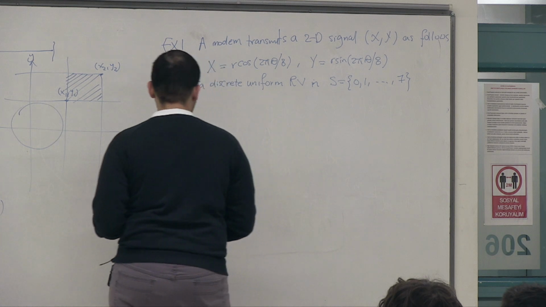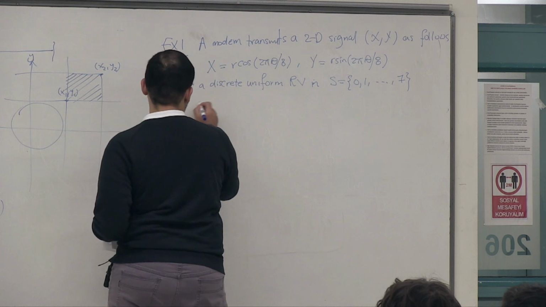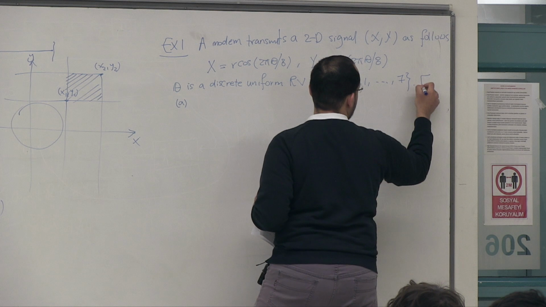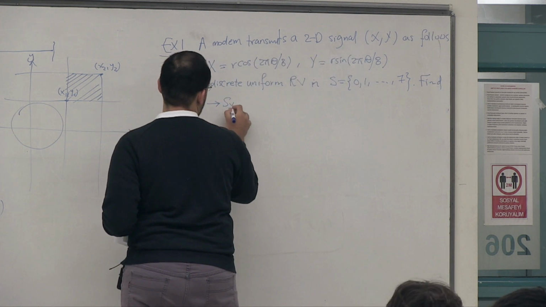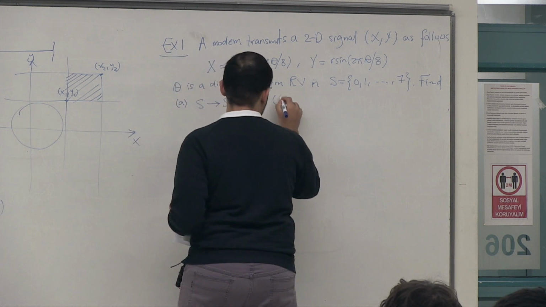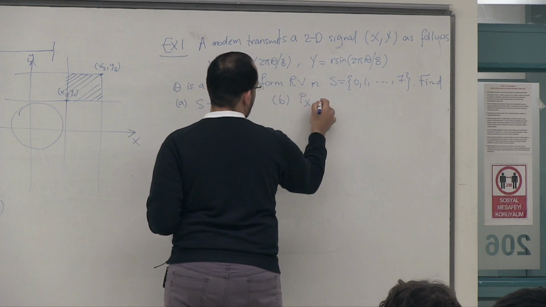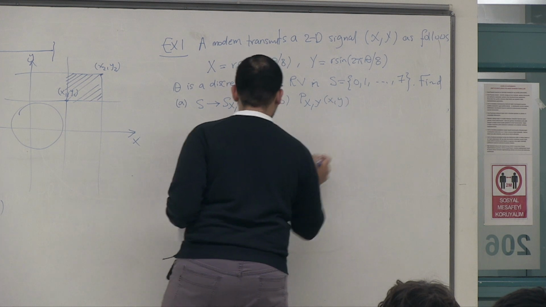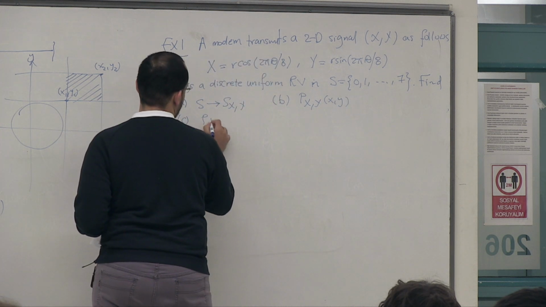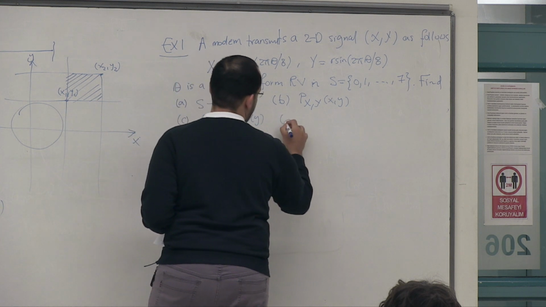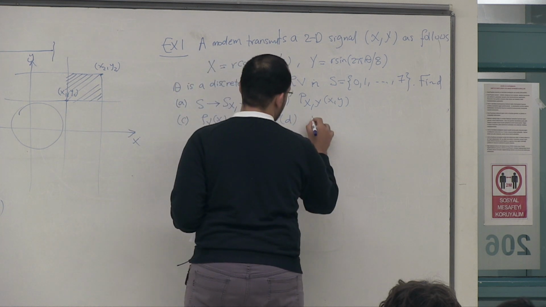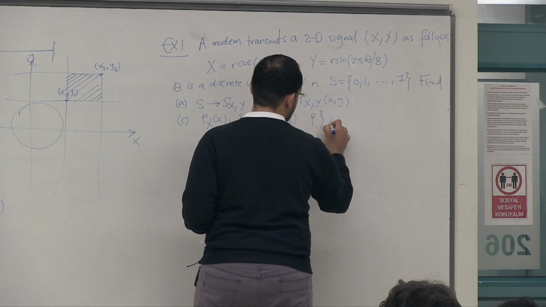And then we have some questions. Find the mapping from S to S_XY. Find P_XY of x and y. Find P_X of x and P_Y of y. And find the probability of these events.